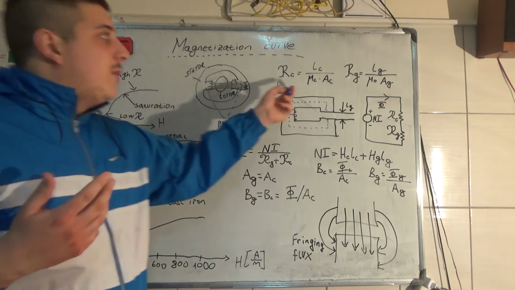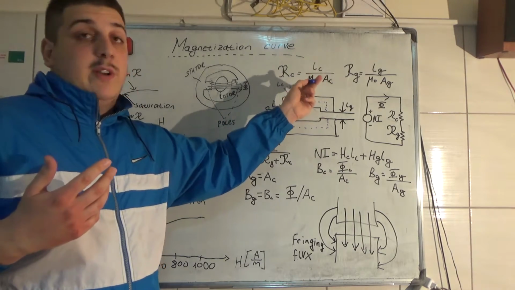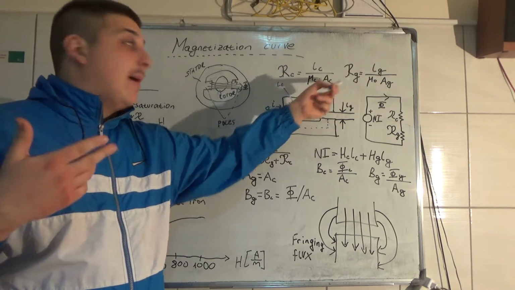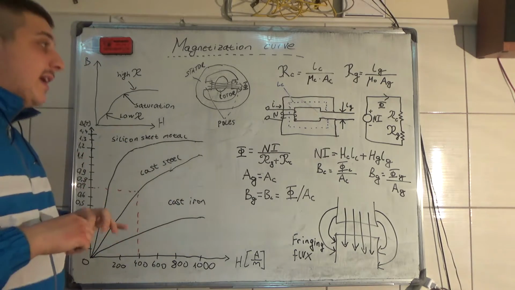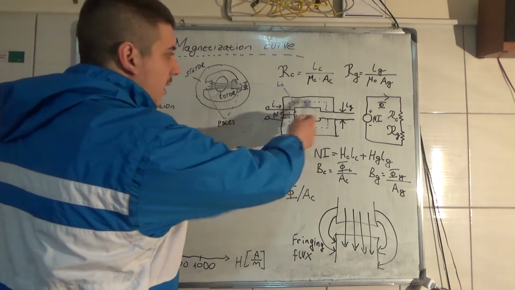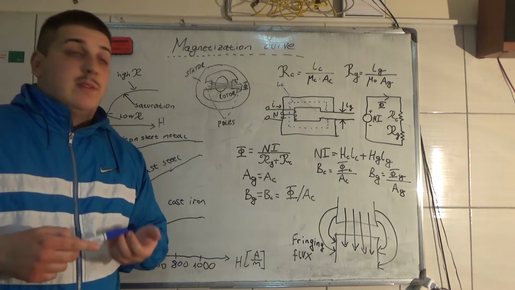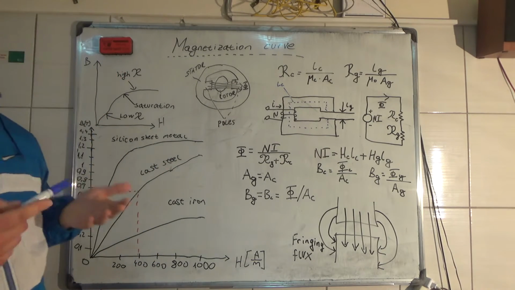Okay, so here are the formulas for the reluctance of the core. C in index is core, and G here is gap, air gap. Now we have a basic magnetic circuit.